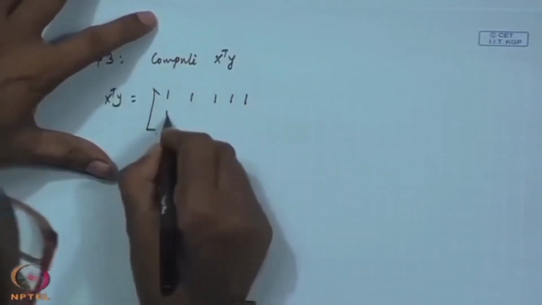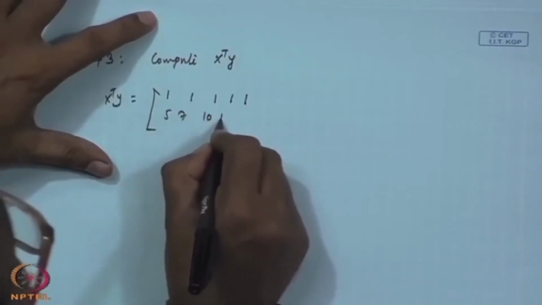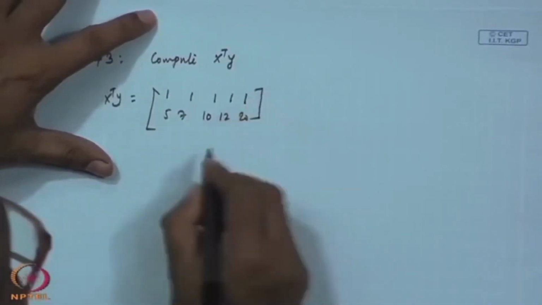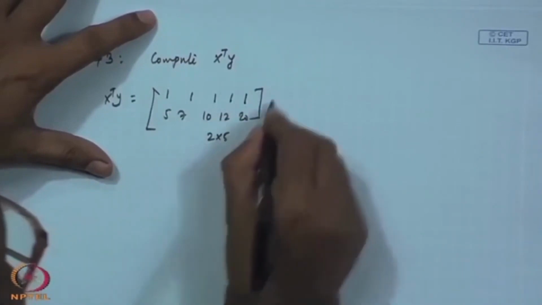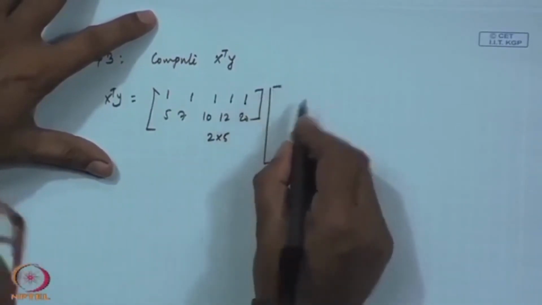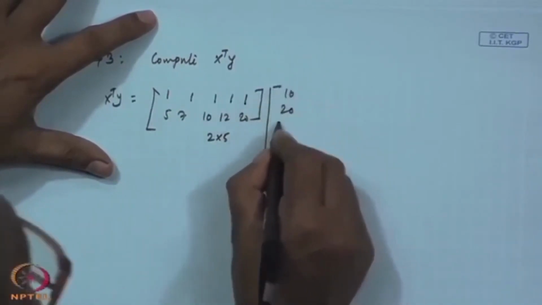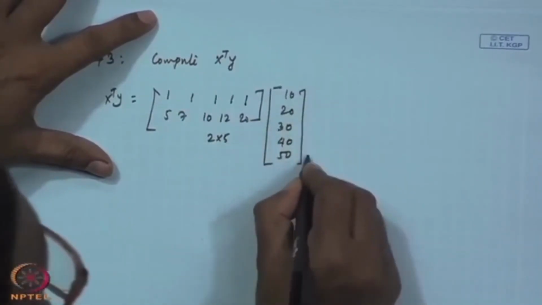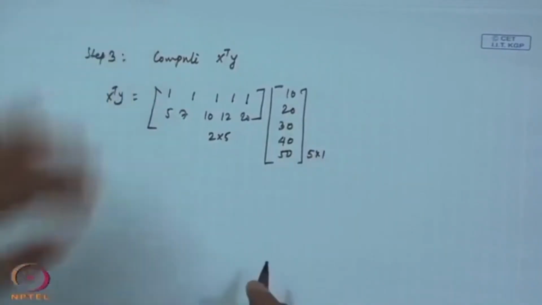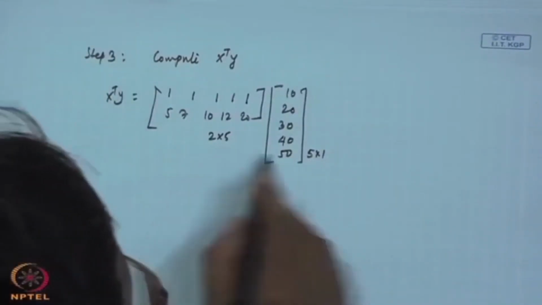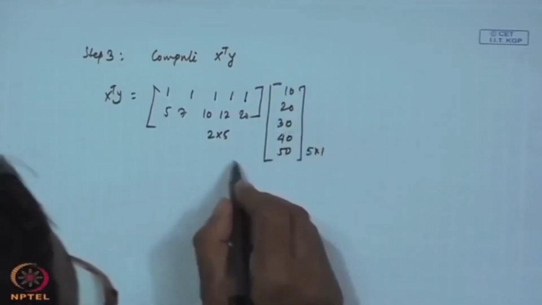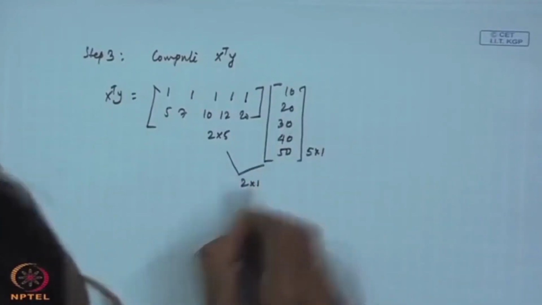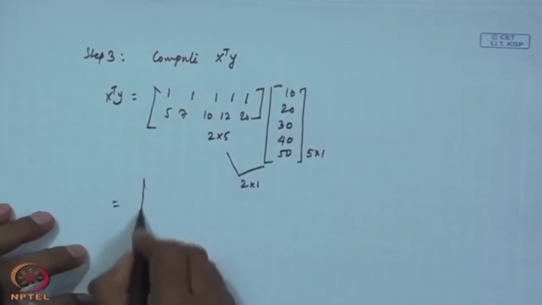1 5 7 10 12 20. This is my 2 cross 5 into 5 cross 1, the 10 20 30 40 and 50. So this is 5 cross 1. So it will be 2 cross 1, resultant will be 2 cross 1.